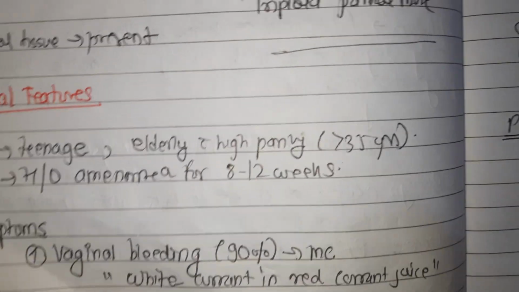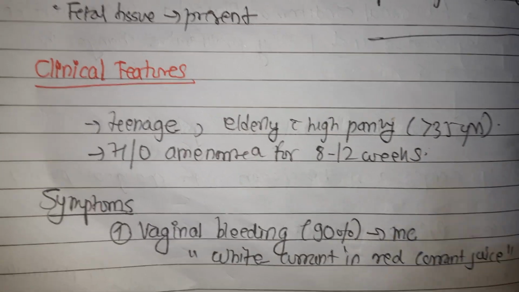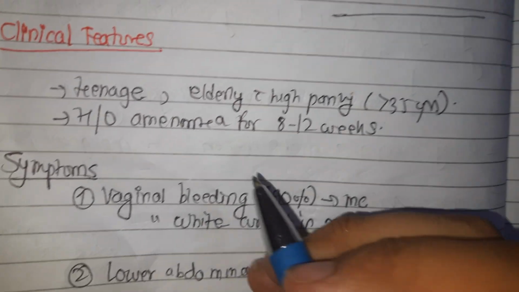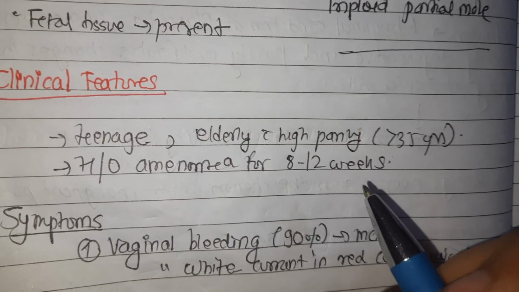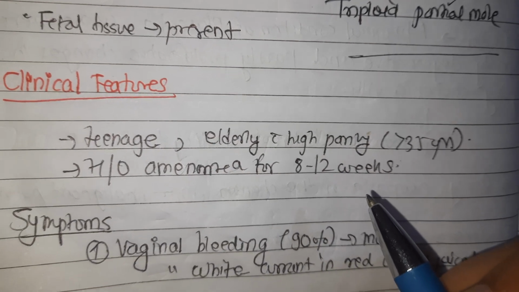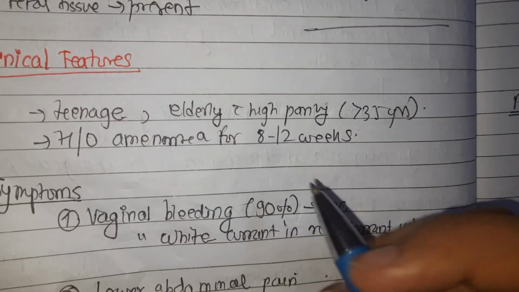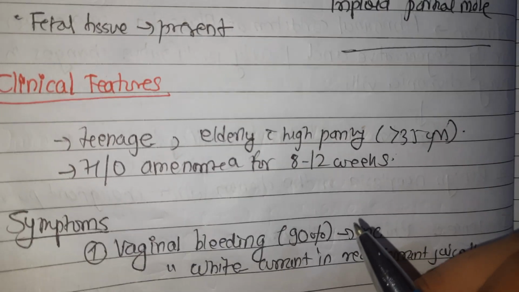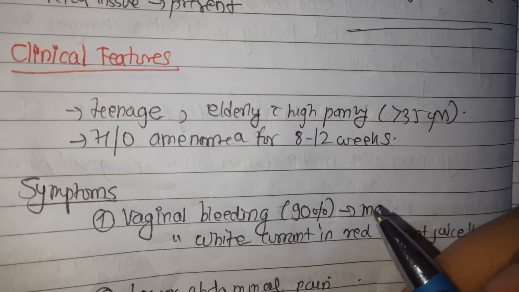Now we will talk about the clinical features of hydatidiform mole. It is prevalent among teenage and elderly patients with high parity. The patient gives a history of amenorrhea for 8 to 12 weeks with initial features suggestive of normal pregnancy, but subsequently presents with various manifestations, like vaginal bleeding.